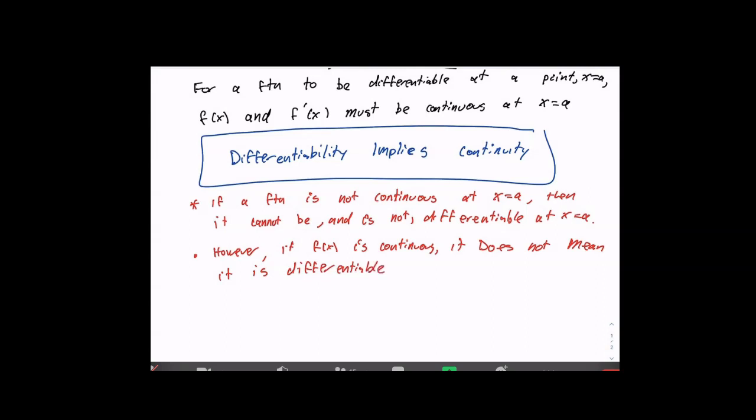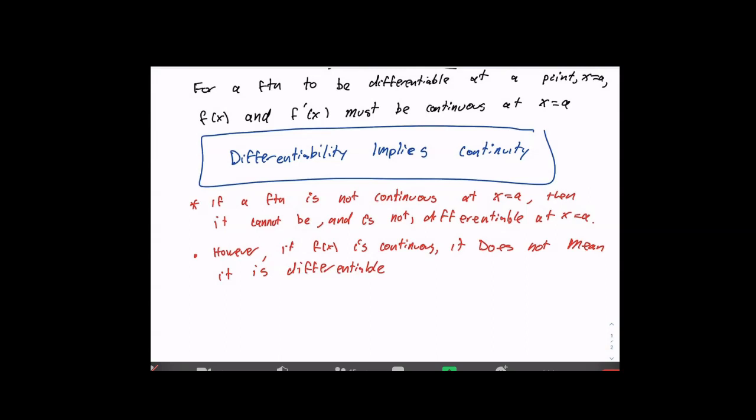So what I'm trying to say here is that when we talk about differentiability, it's really a two-step check. At least analytically, and you'll see when we talk about the images, if something is not continuous, it's automatically not differentiable. Okay, so differentiability implies continuity.